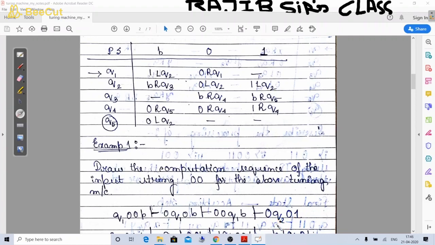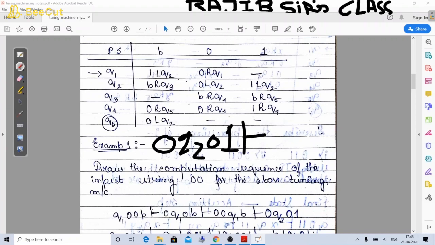As per this transition table present here, we know that the 0 remains 0, and we are going towards the left, and this q2 remains q2, but the movement of the read write head is towards the left. So see how it can be represented. We have 0 q2 0 1, and then the transition function will apply.